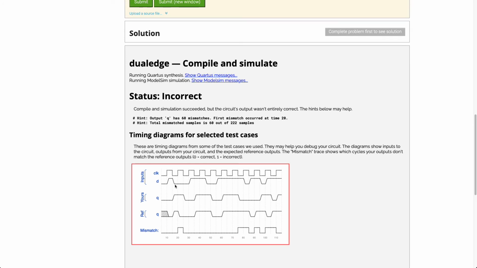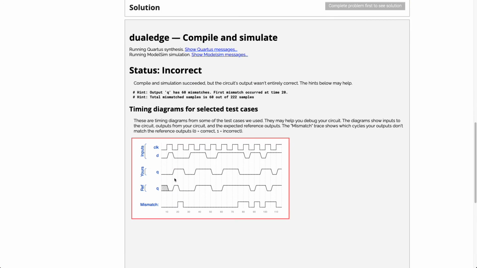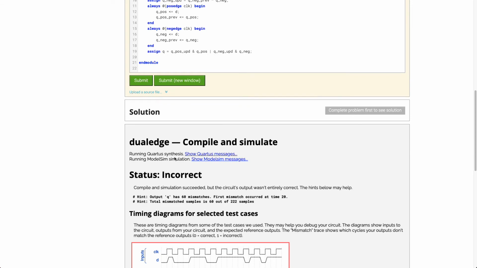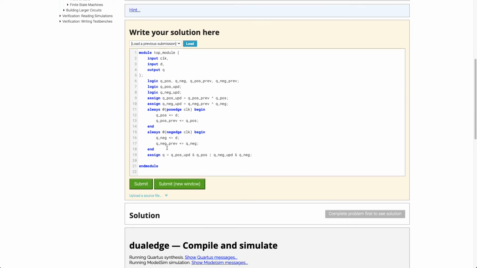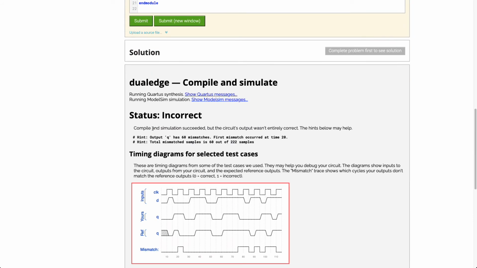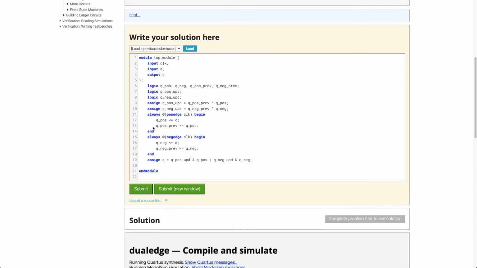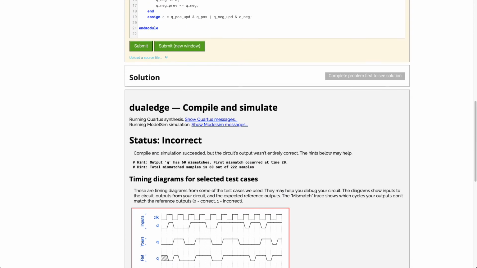So here, neg edge. I see. Q neg is 0. This just goes to 0.